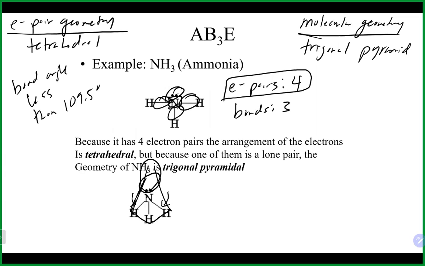A reminder that trigonal pyramid and the one we saw earlier, which was trigonal planar, those are different. So you got to choose. On a test or something, don't just write trigonal, because I'm going to mark it wrong. You got to choose trigonal planar or trigonal pyramid.